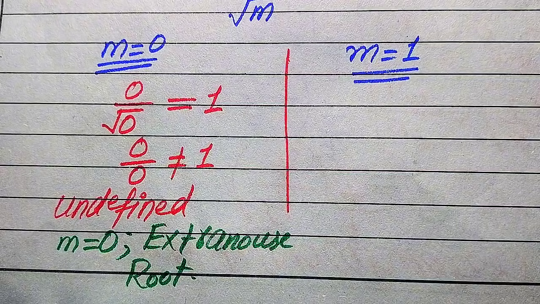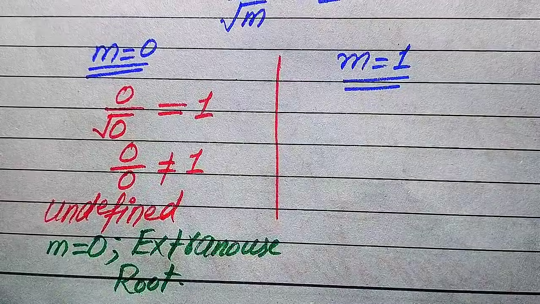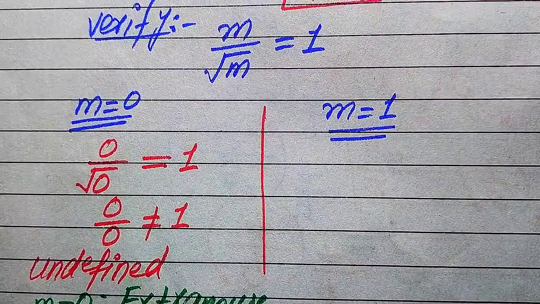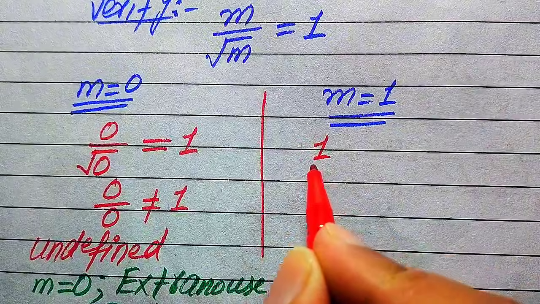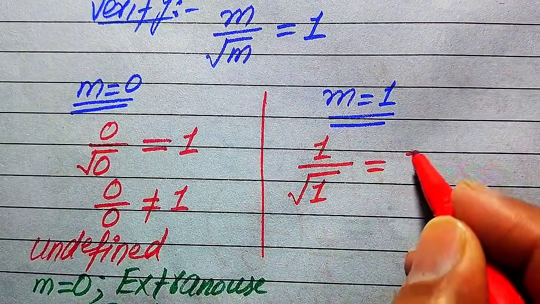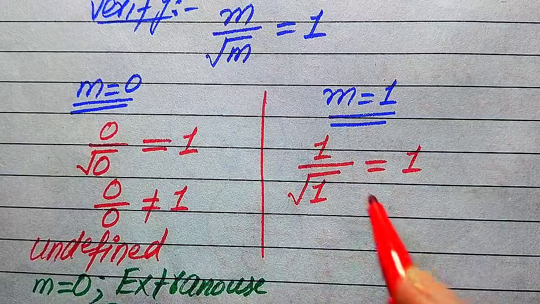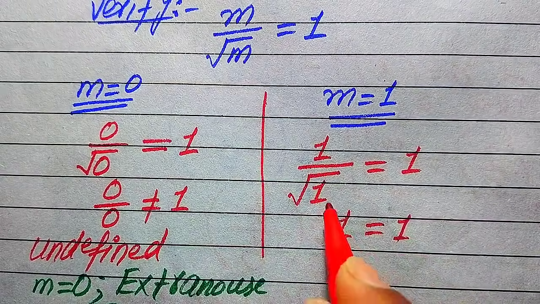Further, in the next step we need to verify m equals to 1. Here we put m equals to 1 into the left hand side of this equation, and it will be written as 1 divided by square root of 1 is equal to 1, and here we get 1 over 1 becomes 1 equals to 1.